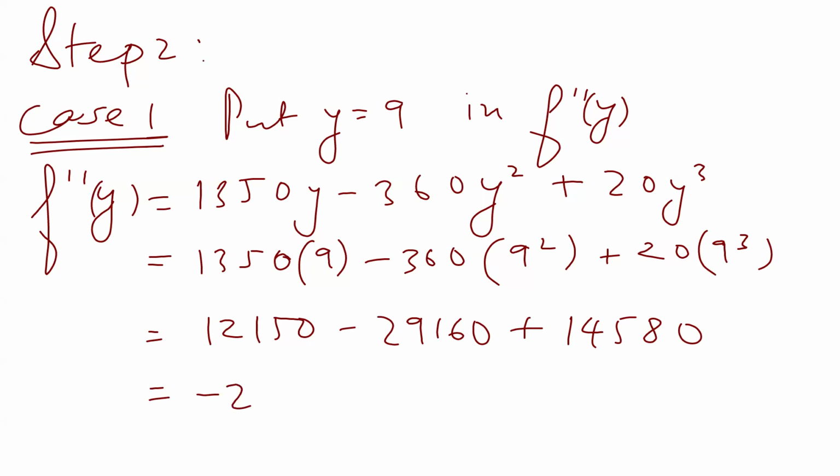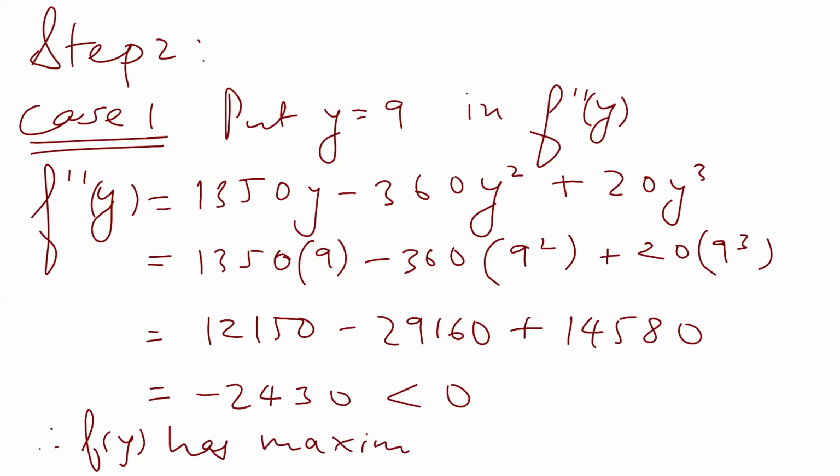So this is negative, minus 2430. This is negative. Therefore, f of y has maxima at y equal to 9.